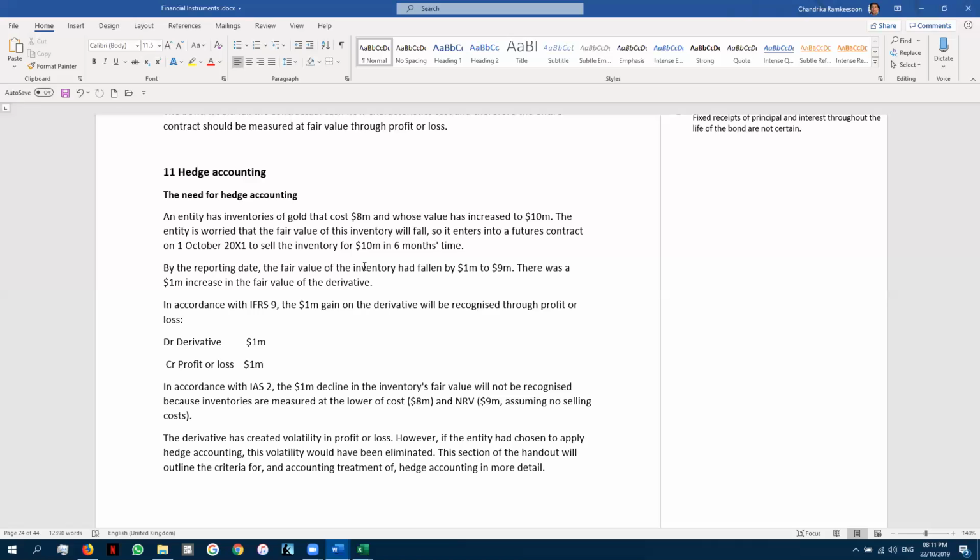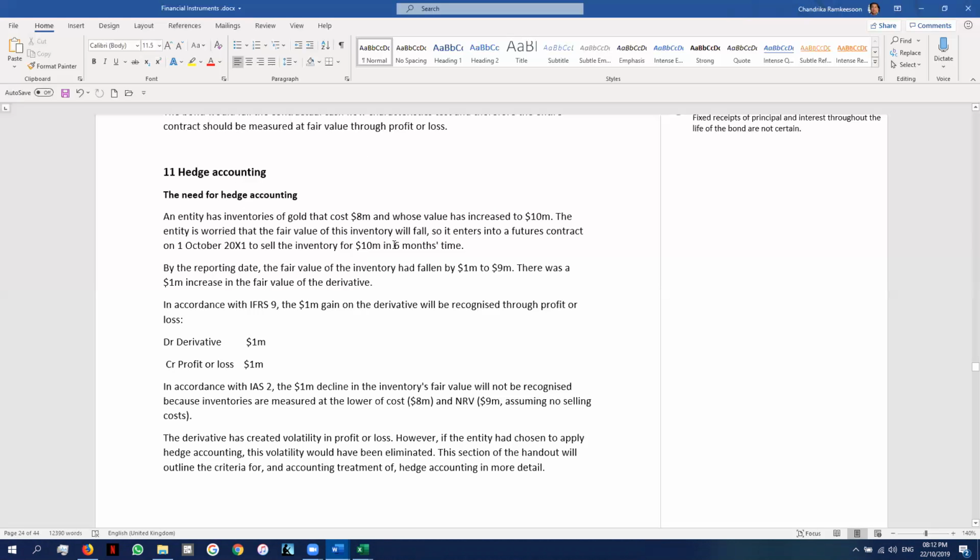If a company is exposed to movements in prices and so forth, as in the examples we will look at, it may or may not use hedge accounting. One reason is that when hedge accounting is applied, it may change how we would normally do things had the relevant standard, say like IAS 2 Inventory, been applied. Let's take a look and I'll explain further.